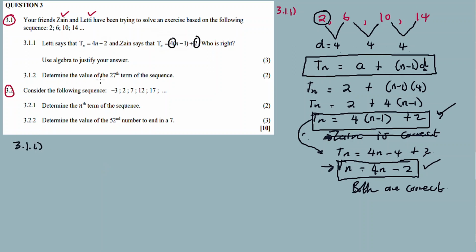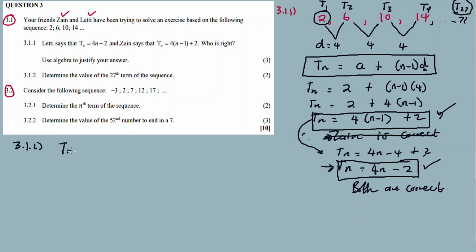3.1.2: Determine the value of the 27th term of the sequence. Alright, we have T1, T2, T3, T4, up to T27. We want to know the value of the 27th term. That's the question, right? So we are going to use the nth term, whether we use Leti's or Zane's, it doesn't matter.